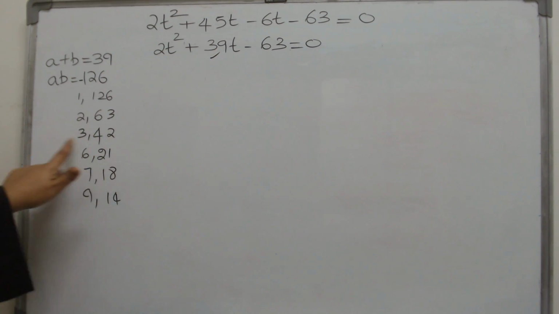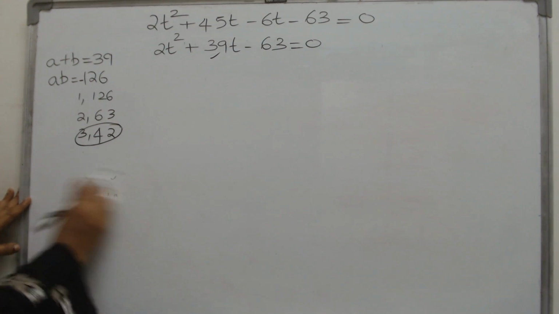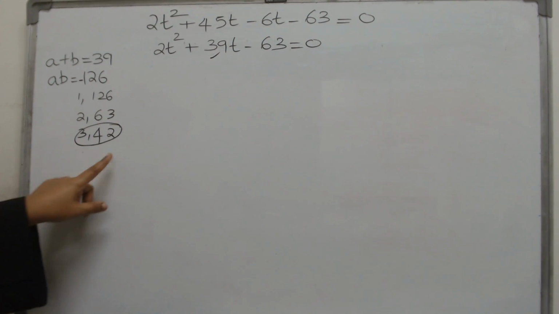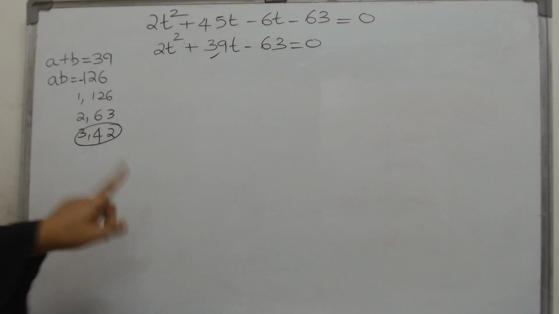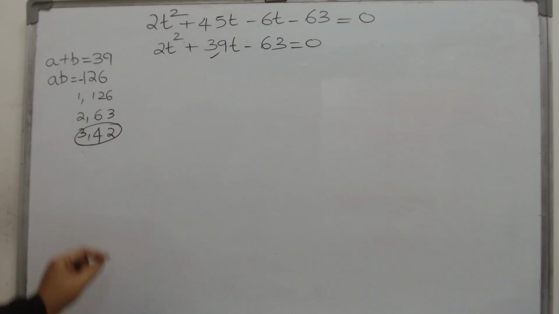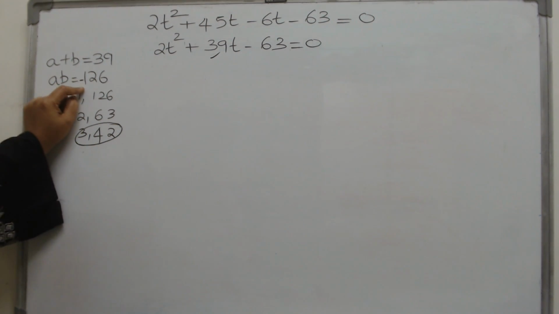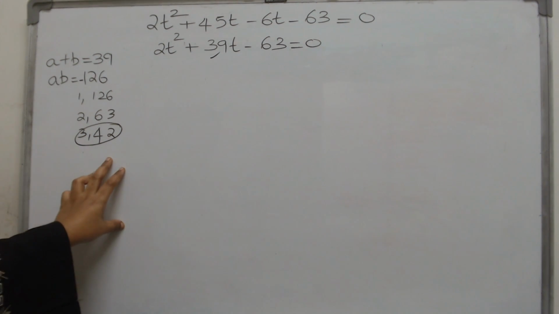Subtract each set of numbers. When you come here, you will see that 42 minus 3. You can stop here itself. 42 minus 3 is what will give you 39. So the numbers here that you are looking for are 3 and 42. But remember, you have a minus here, which means one of them is positive, one of them is negative.